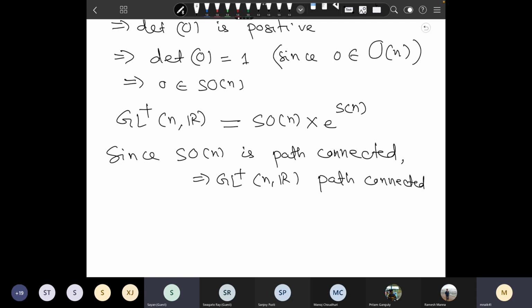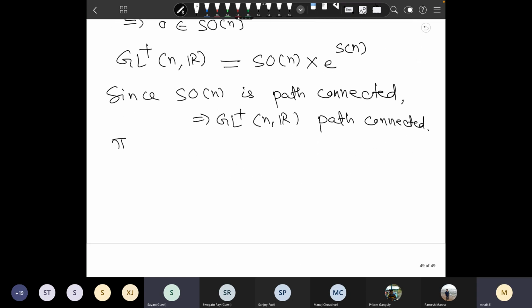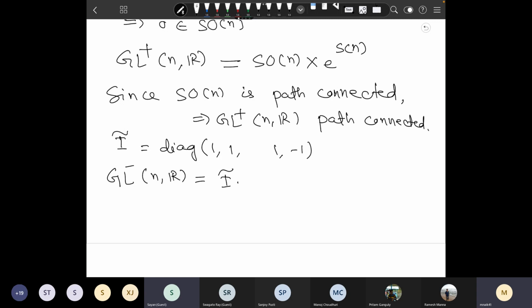Now, if I define I tilde equal to diag(1, 1, ..., 1, -1), this is a matrix with negative determinant. So GL-(n,R) is I tilde times GL+(n,R). Here let us define GL-(n,R) as the matrices in GL(n,R) whose determinant is negative.